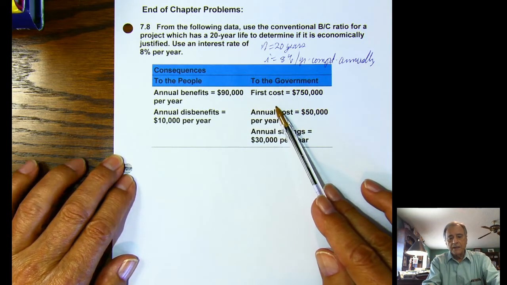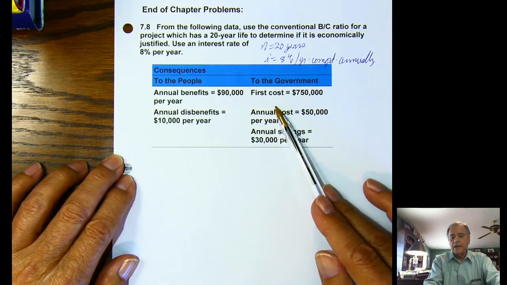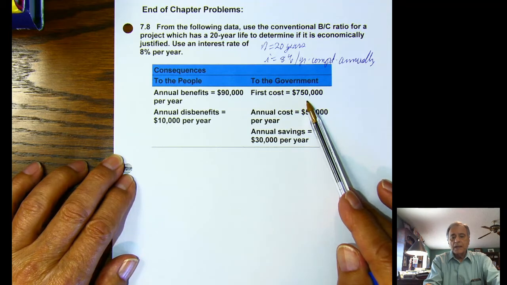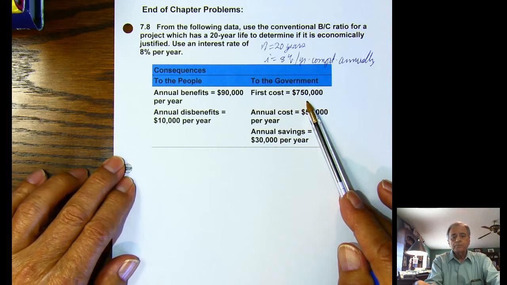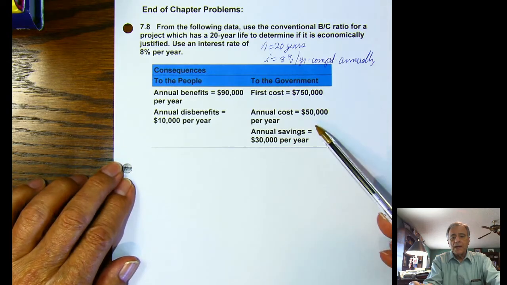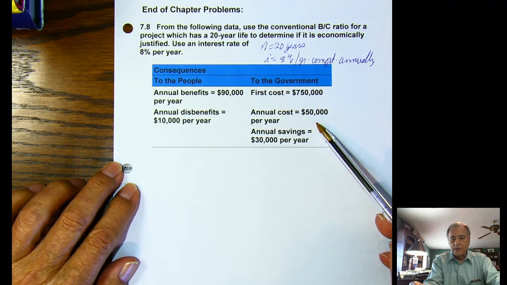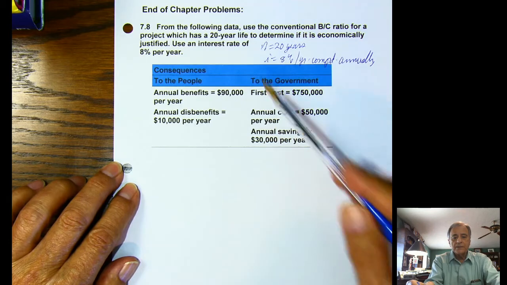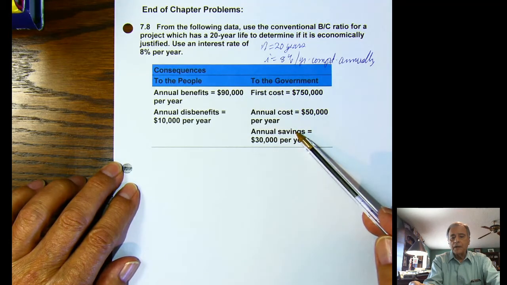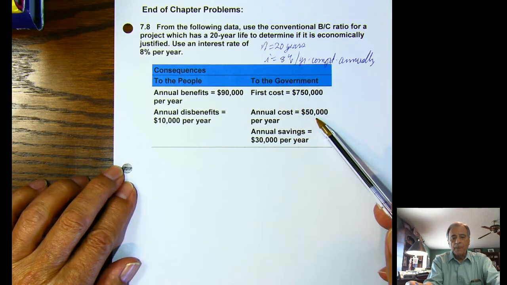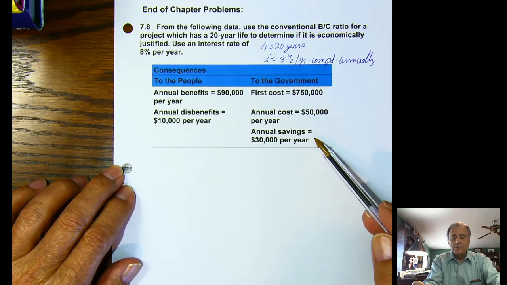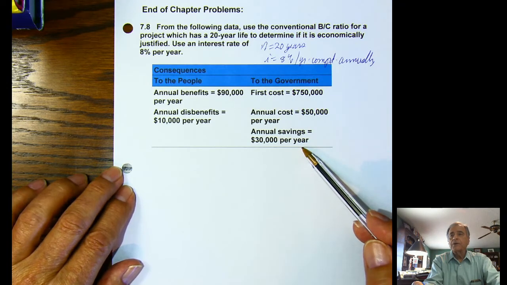And then on the government side, you have a first cost of $750,000, and you have annual costs per year for these 20 years of $50,000. And you have annual savings of $30,000.